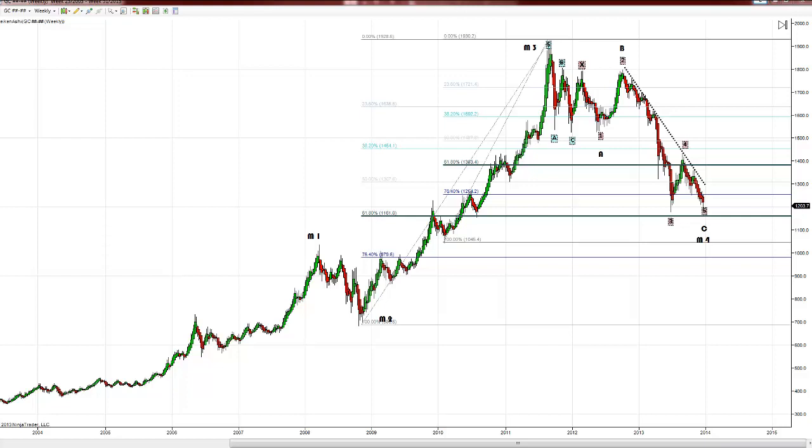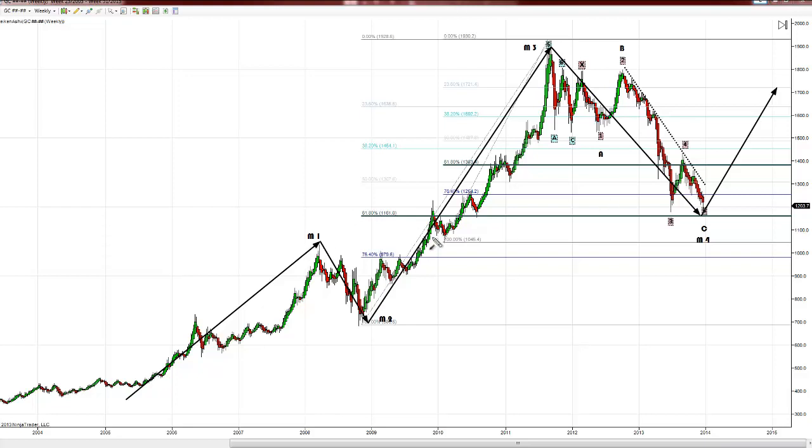This is another model that we can use, but wave major 1, major 2, major 3, major 4, and then we would go into a fifth wave back into a bull market count.